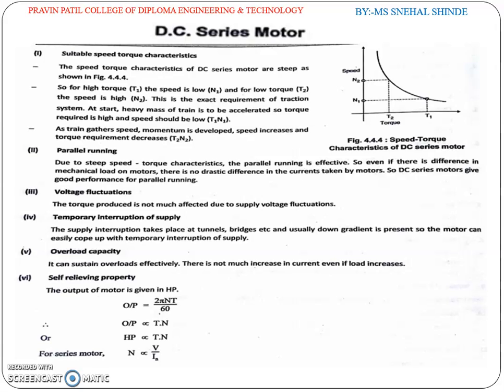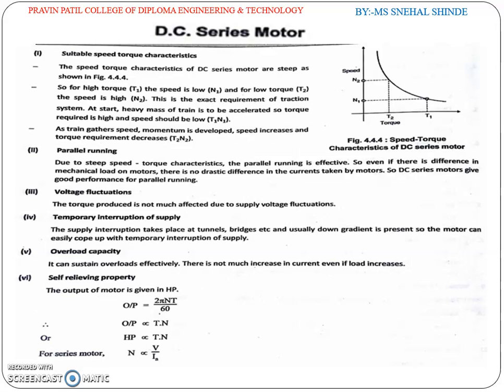Self-relieving property. The output of the motor is given in HP. Output equals 2 pi NT divided by 60. That is, output is directly proportional to torque into speed, or HP is directly proportional to torque into speed.